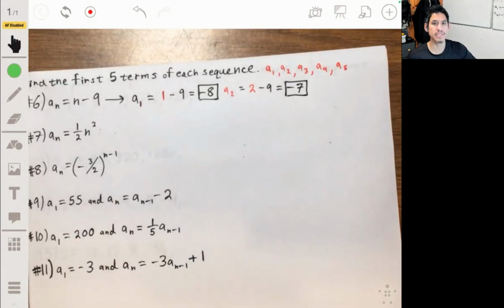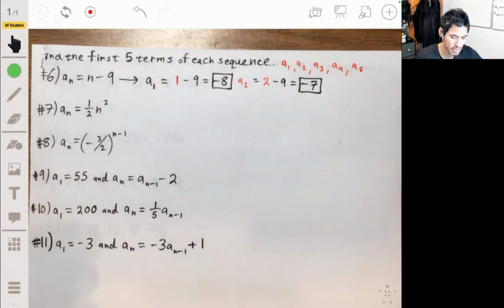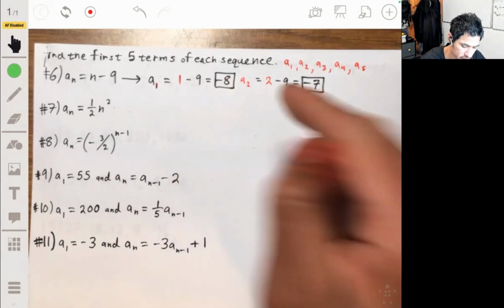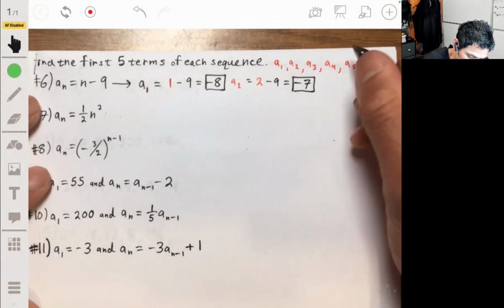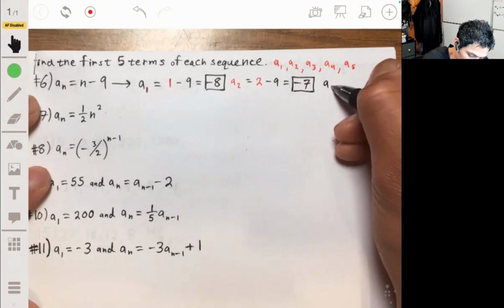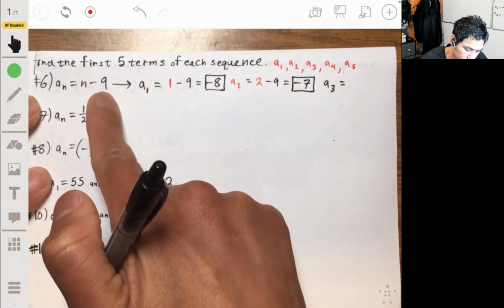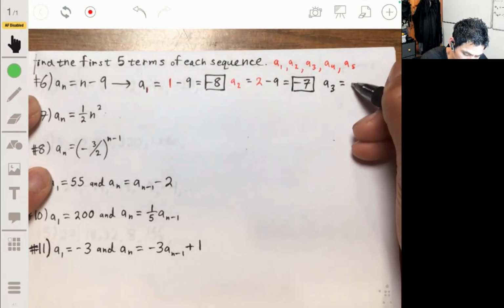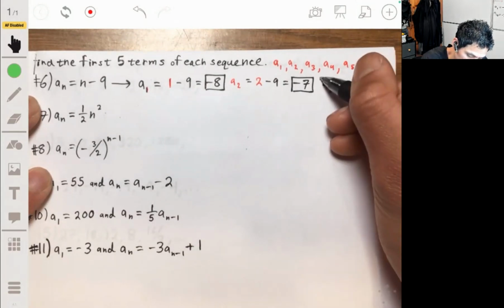A3 will be 3 minus 9, A4 will be 4 minus 9, and A5 will be 5 minus 9. So wherever that n is, we're substituting the 1, 2, 3, 4, and 5. So A3, 3 minus 9, will be -6.